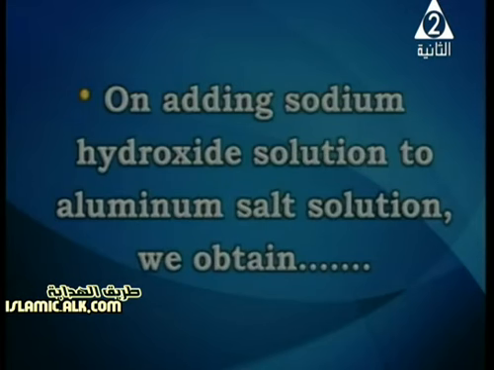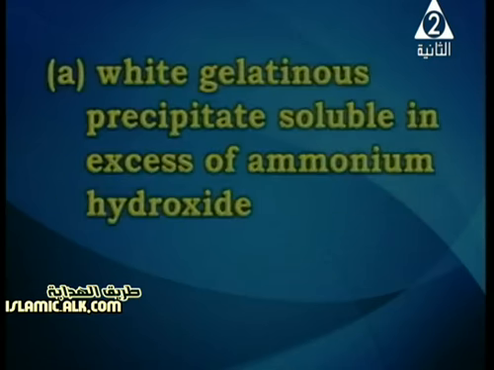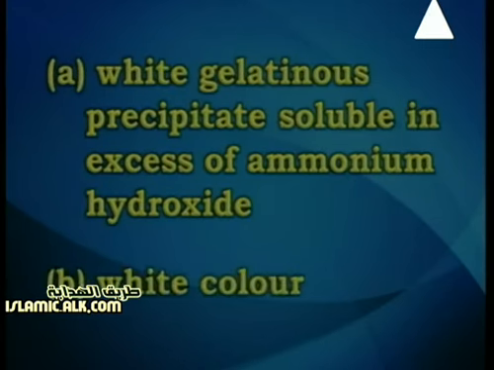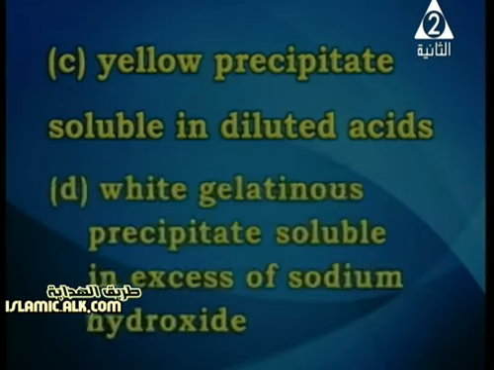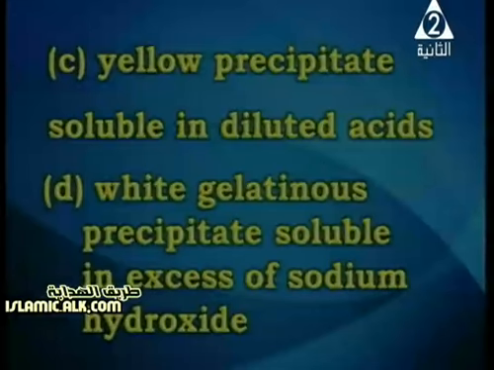Next point. On adding sodium hydroxide solution to aluminum salt solution, we obtain what? White gelatinous precipitate soluble in excess of ammonium hydroxide, yellow precipitate soluble in dilute acids, white gelatinous precipitate soluble in excess of sodium hydroxide.